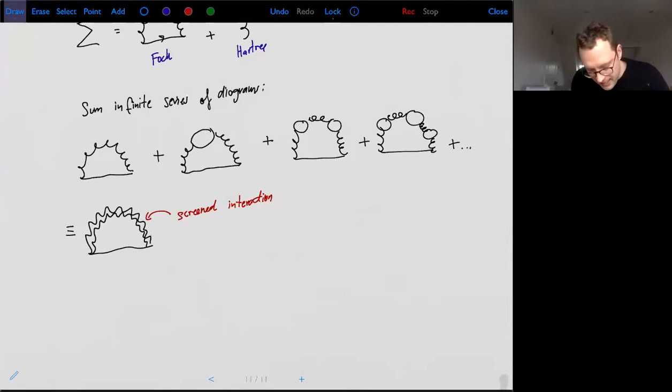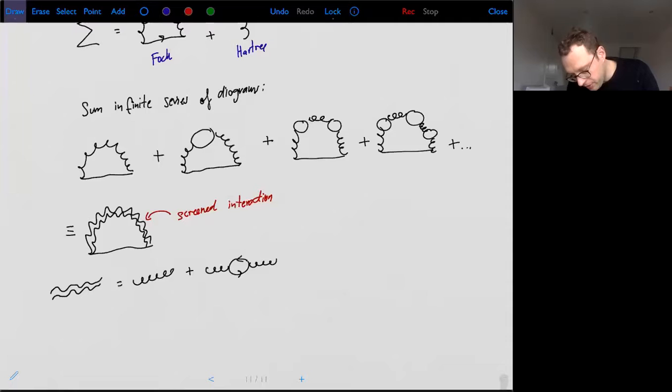So what we have said is that this double wiggly line is given by the single wiggly line plus the single wiggly line with these Green's function bubbles inserted an arbitrary amount of times, right?